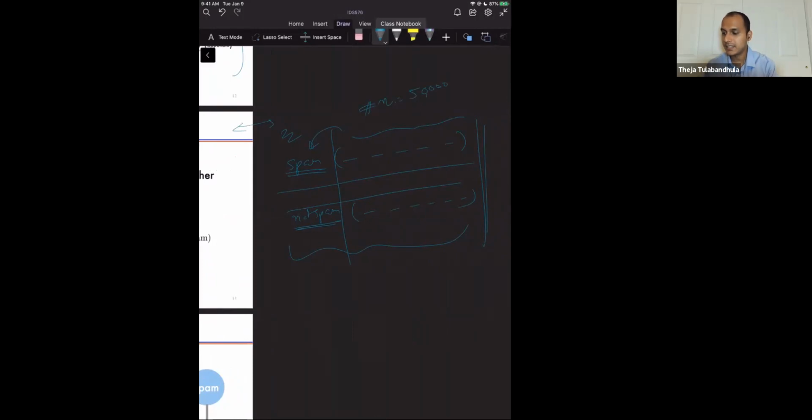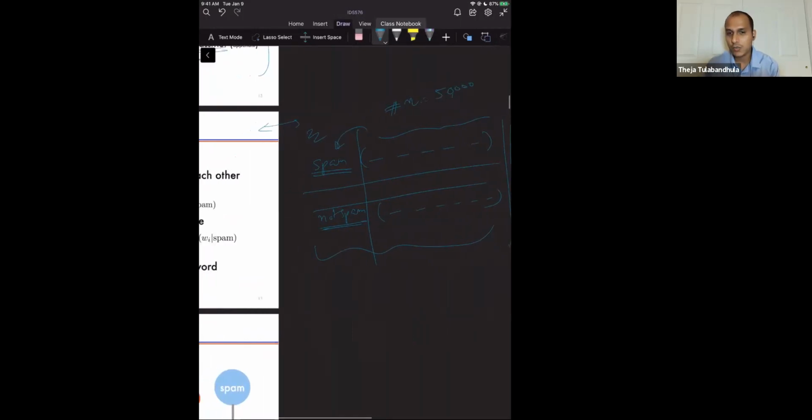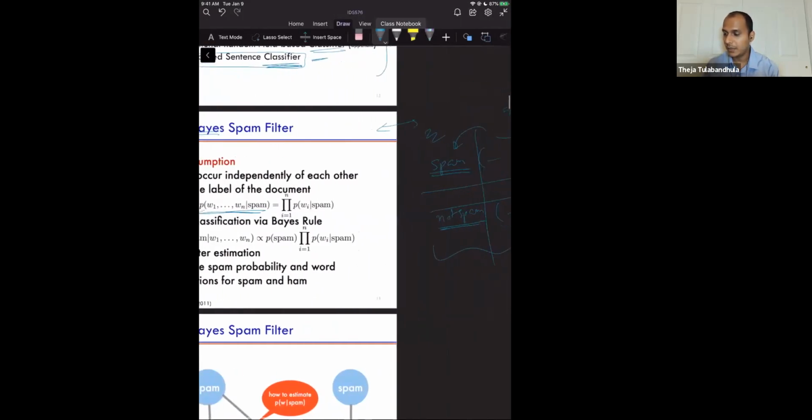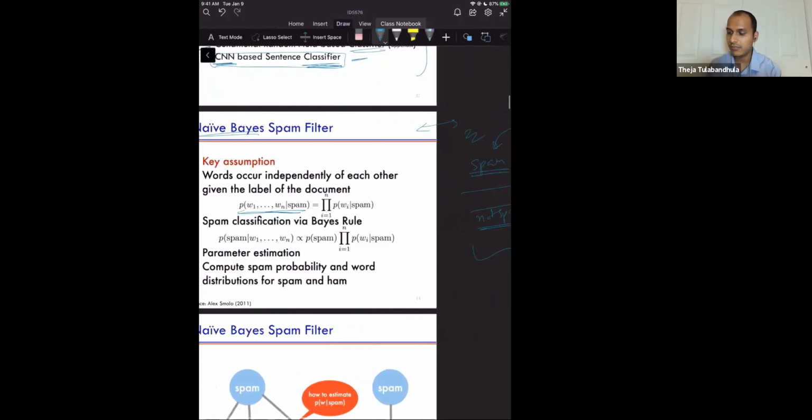And why is it a fixed number? Even if you have more words, you can drop the words that are not in your vocabulary, for example, if you're thinking of English. So there are 50,000 words. If the email was actually spam, what is the probability of me observing word 1, word 2, word 3, word 4, and word n? Okay, these are all the words.